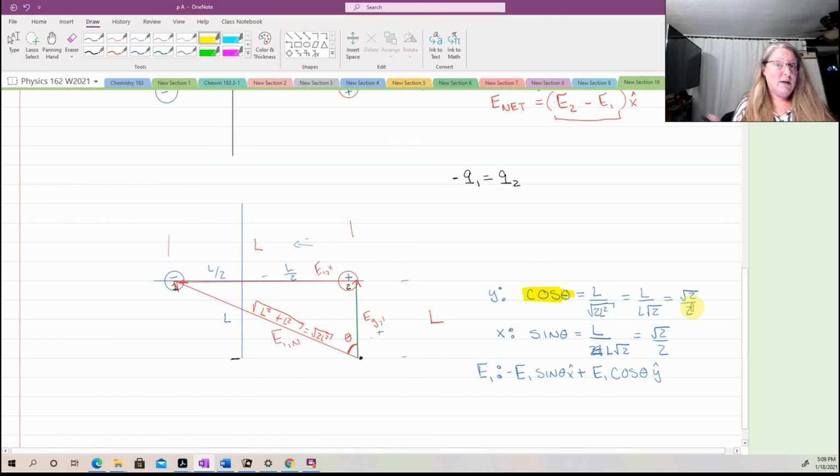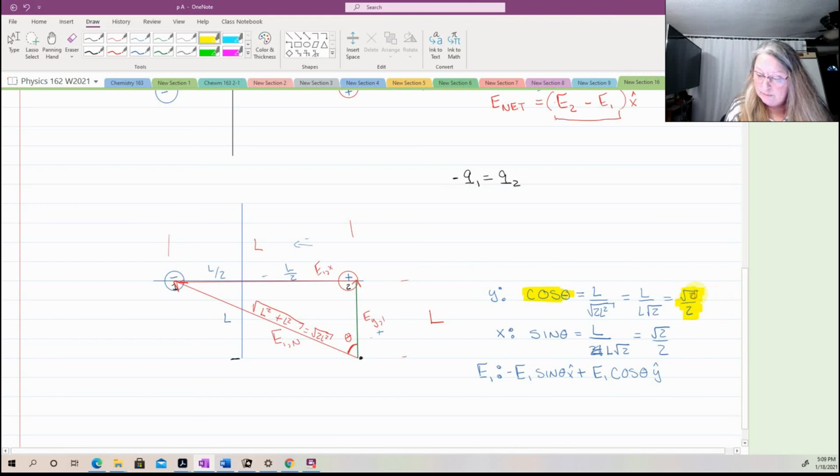If I say cosine theta equals root 2 over 2, I know it's proportionality. I don't actually need to solve for cosine of theta to figure out what theta is, to turn around and put it into my calculator to multiply it by the electric field, because they equal each other.